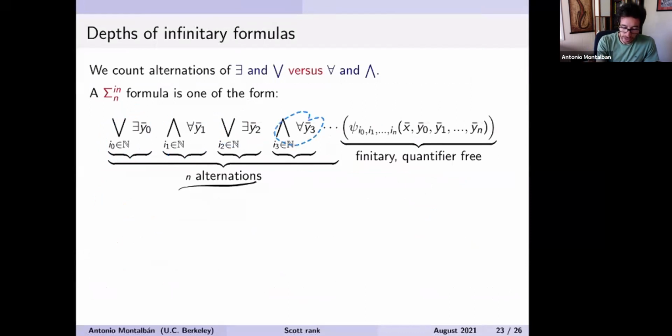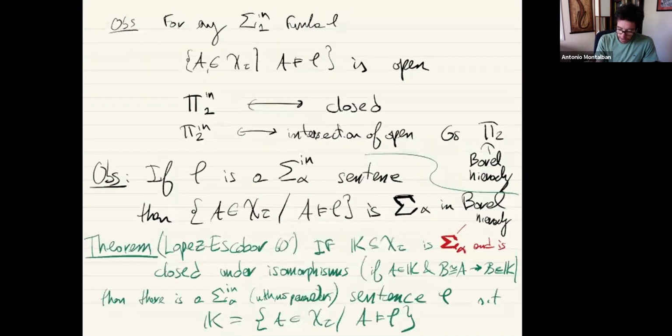The answer is that if you define the complexity that way, then you get this matching between the Borel hierarchy, the topology, and the infinitary formulas. That's the good complexity to use.